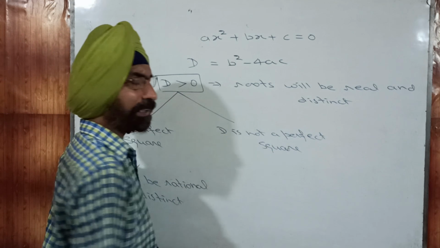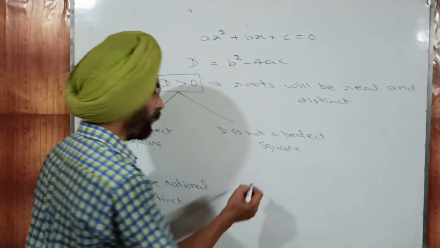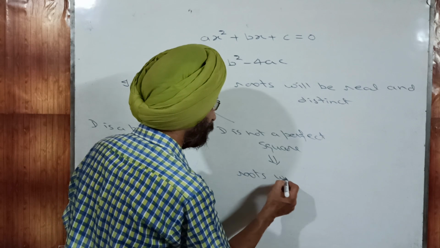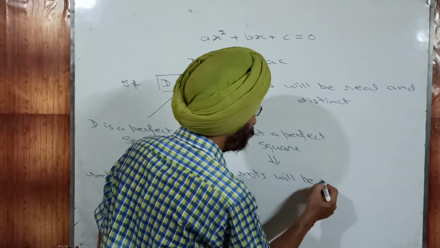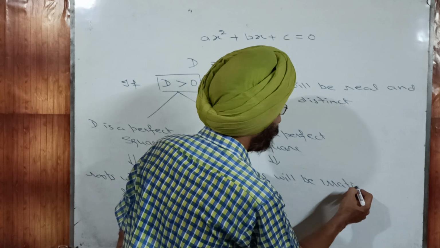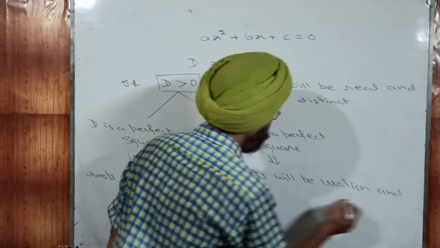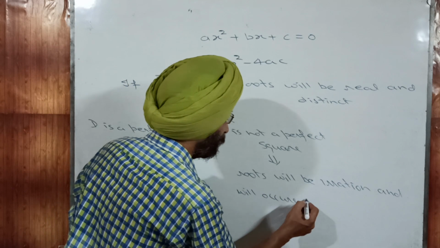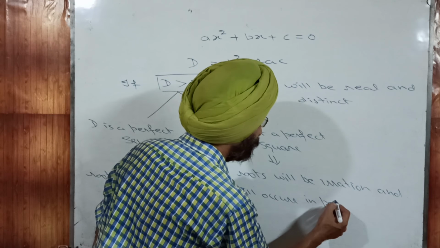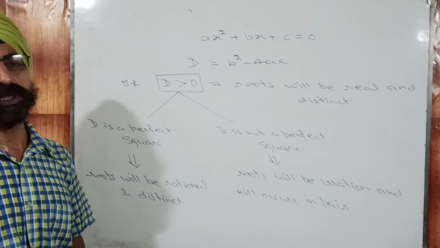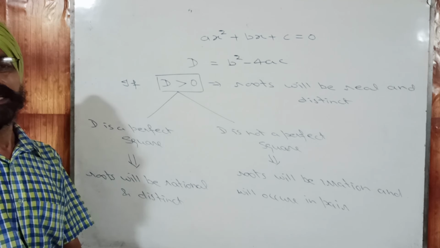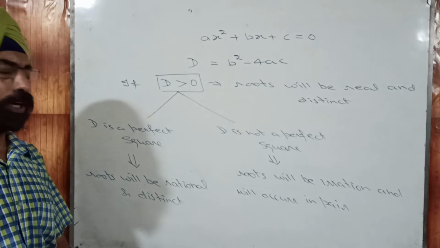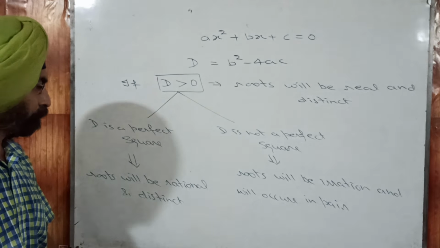And in the second case, when D is not a perfect square, here roots will be irrational and will occur in pair. In pair means if one of the roots is a plus under root b, the other will be a minus under root b. That means they will occur in conjugate pairs.